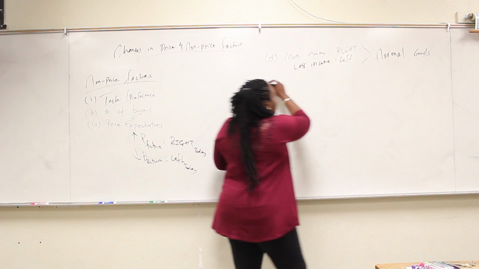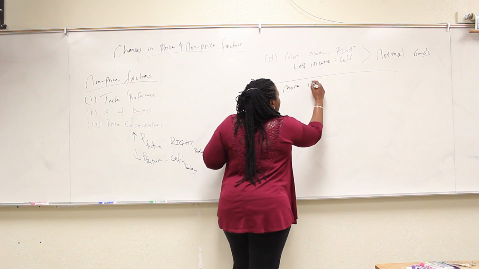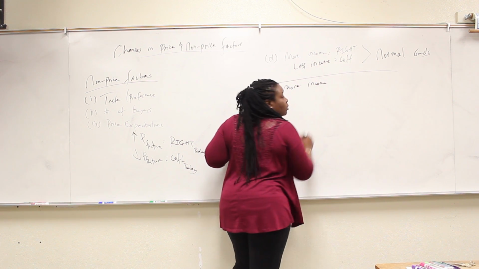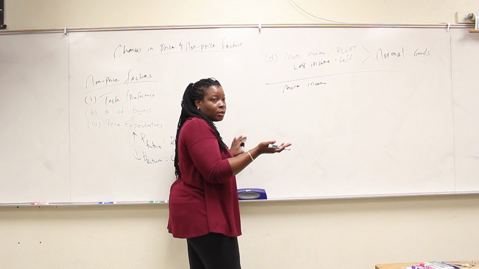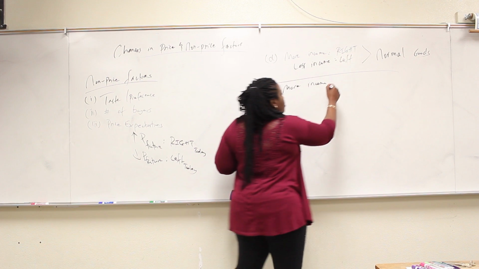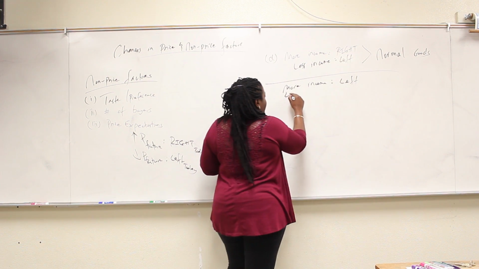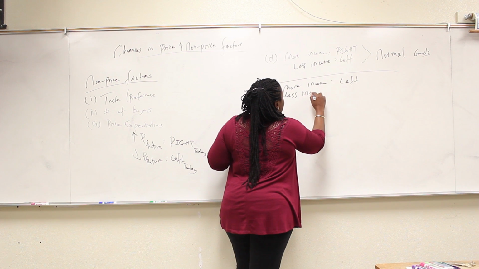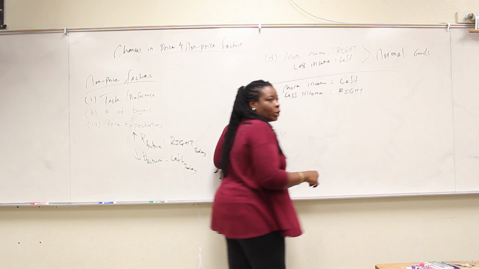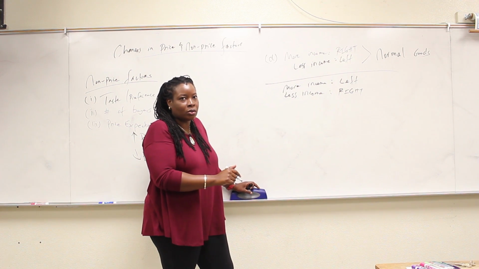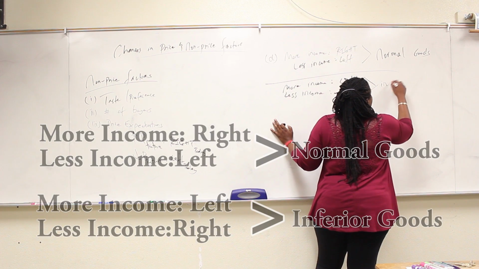The example with Chris, as he correctly told me, when we get more income, for this particular good, he's arguing and he's right, more income, demand will go to the left. Less income for these goods, it will go to the right. When you get less money, you tend to gravitate more towards these goods. These goods are called inferior goods.